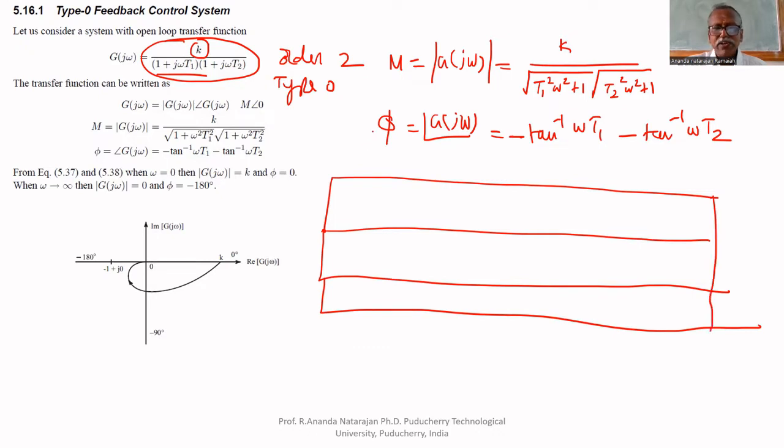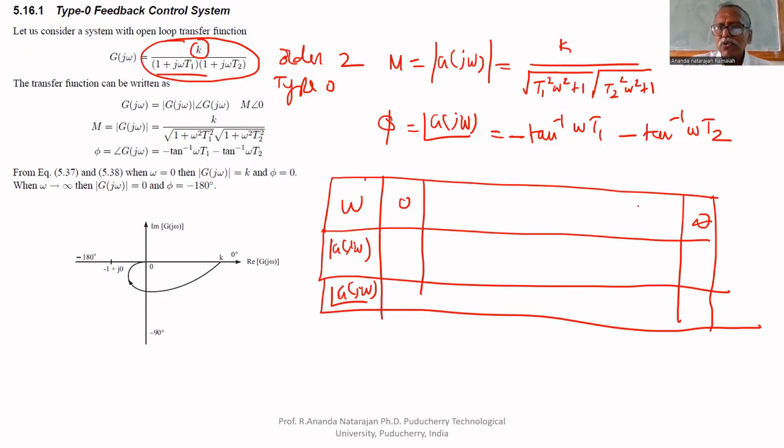To get the polar plot, we have to vary omega from 0 to infinity. You have to find modulus of G of j omega and angle of G of j omega. If you substitute 0 here, what will you get?